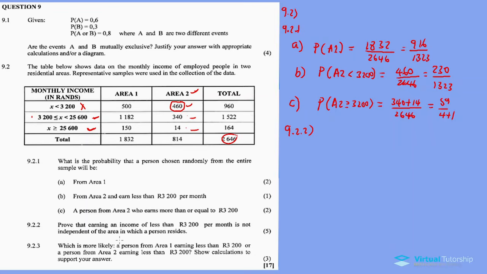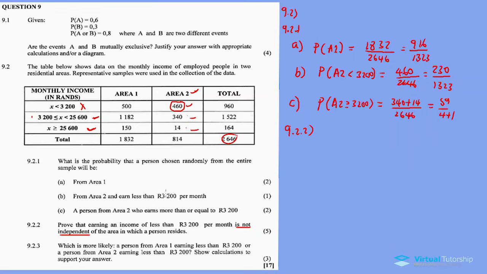We need to show that an income of less than 3,200 rand per month is actually dependent on the area in which a person resides. Is not independent.